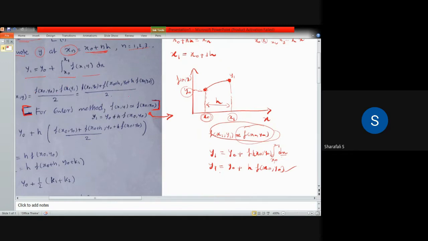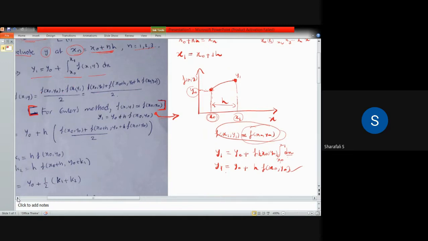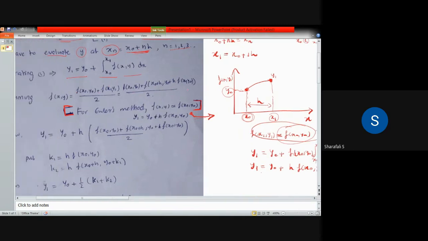But in the case of the Runge-Kutta method, we are considering an assumption like this. We are considering f of x0 comma y0 plus f of x1 comma y1, divided by 2, as f of x comma y. So we are considering the function in between these 2 points. The function is somewhere here, f of x comma y.